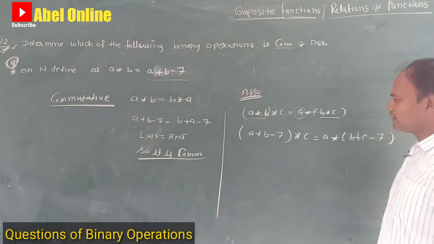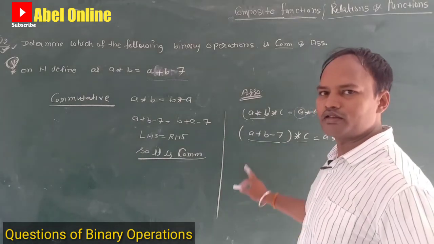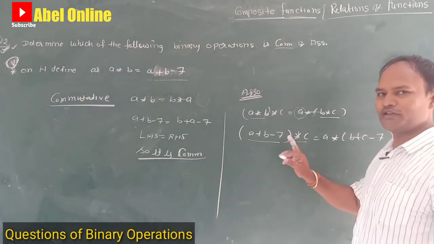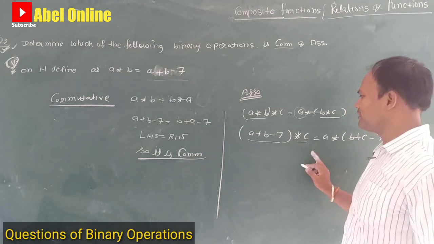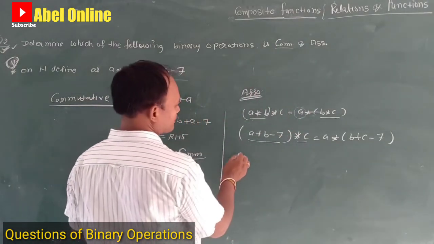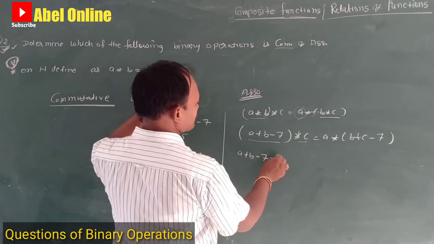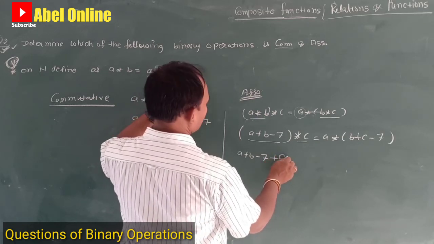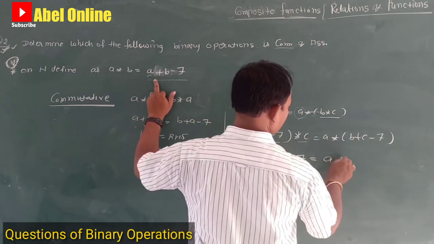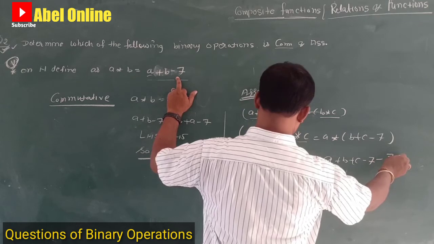Now this is the value of a and this is the value of b. When we put here a means a plus b minus 7 and the value of b means c, there is a minus 7, equal to a, and b means b plus c minus 7, minus 7.